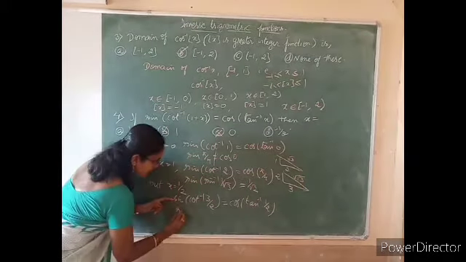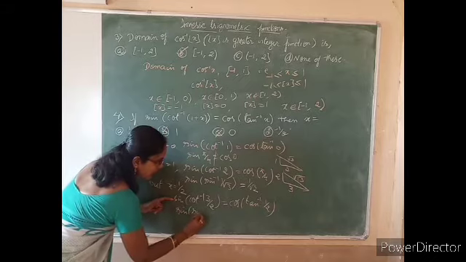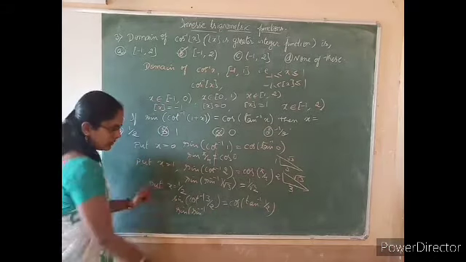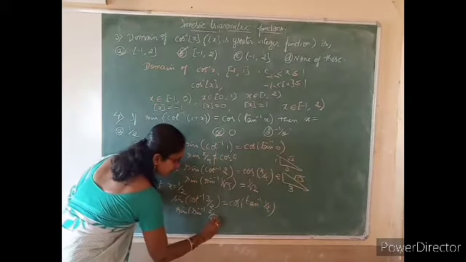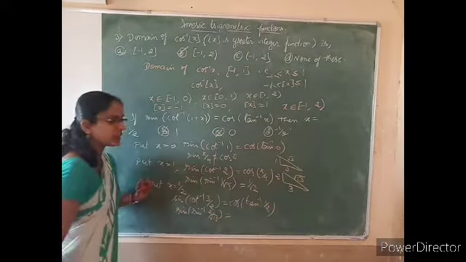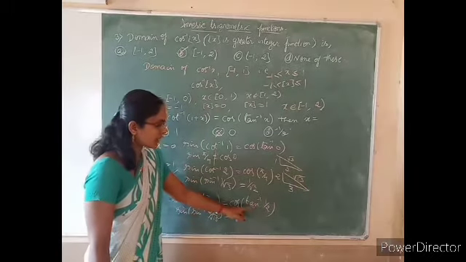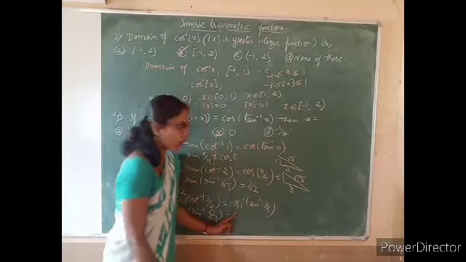Therefore this becomes sine of sine inverse of 2 divided by root 13. So that's equal to, in the right hand side, tan inverse is there. I have to convert to cos inverse.